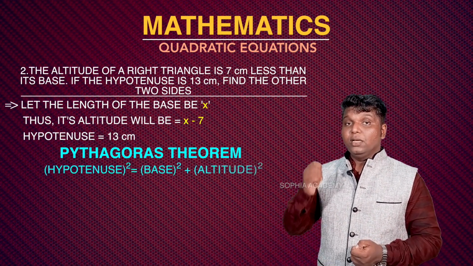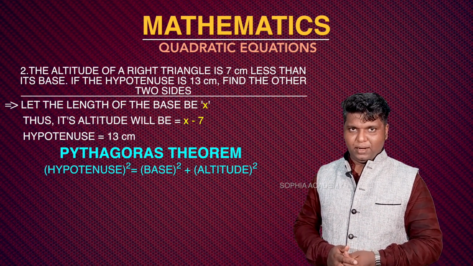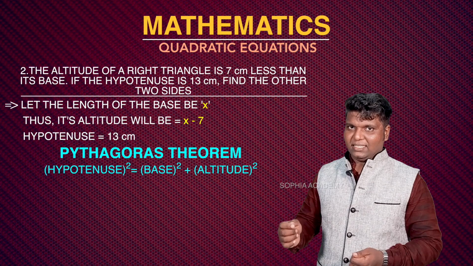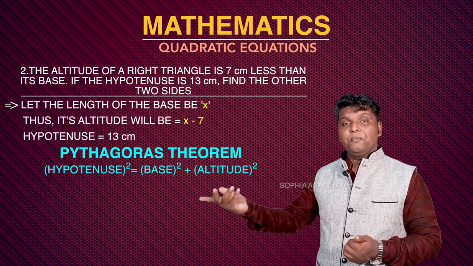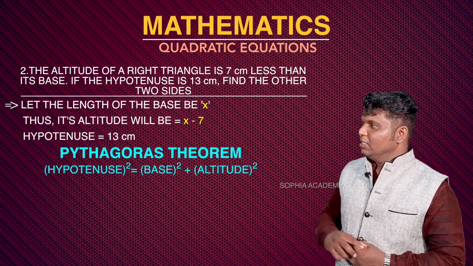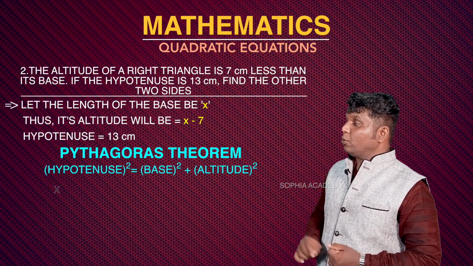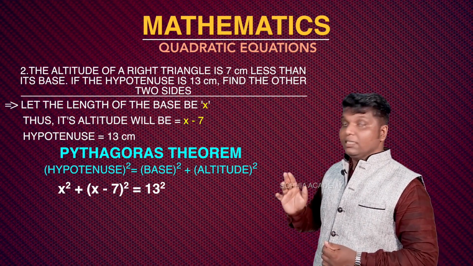Hypotenuse square is equal to base square plus altitude square, or base square plus altitude square is equal to hypotenuse square. Here the base is x, the altitude is x minus 7, and the hypotenuse is 13. So let us apply the Pythagoras theorem here. The equation will be x square plus (x minus 7) the whole square is equal to 13 square.